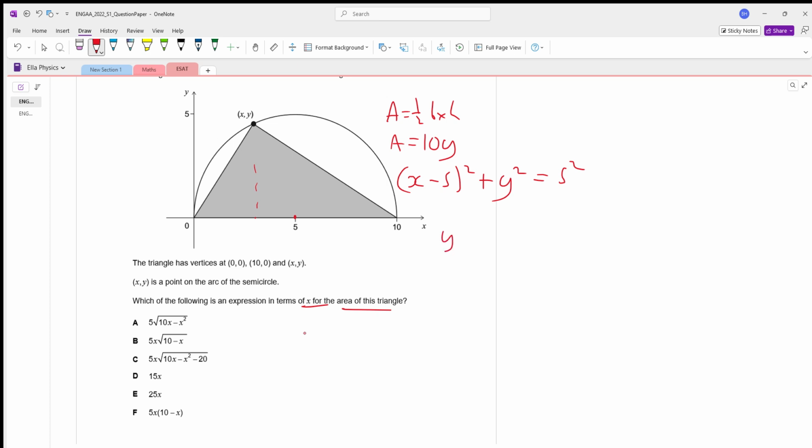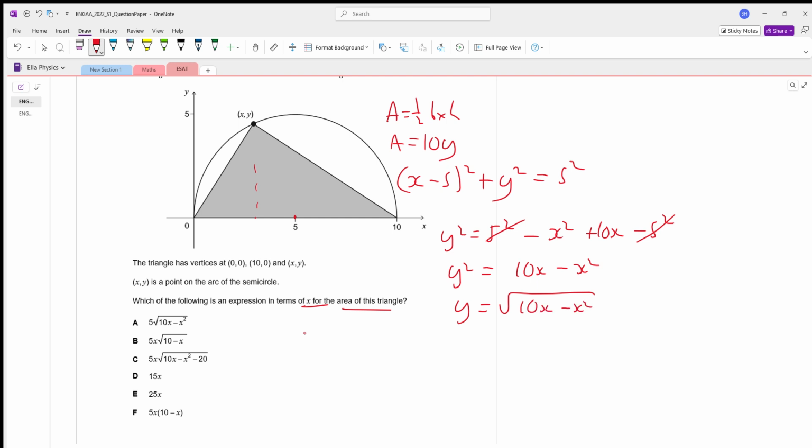So y squared equals 5 squared minus x squared minus 5 minus 10x, but then it's been taken away, so plus 10x. And then we've got minus 5 squared, which is plus, but then it's being taken away, so minus 5 squared. 5 squared and minus 5 squared cancel. So we got y squared equals 10x minus x squared. So y equals the square root of 10x minus x squared.